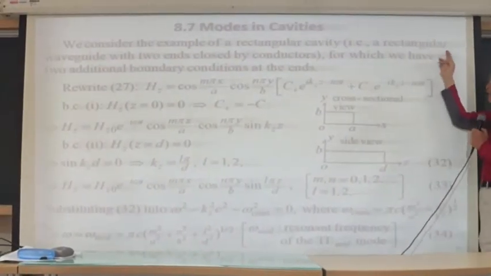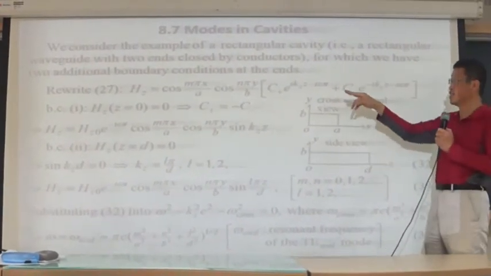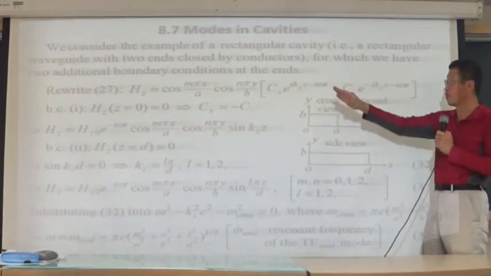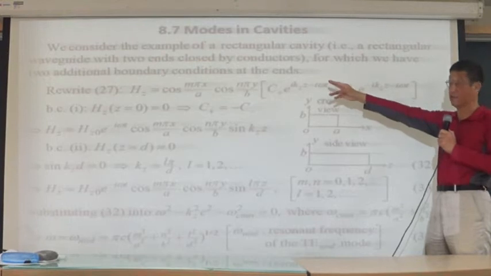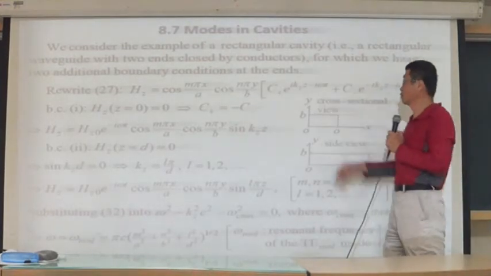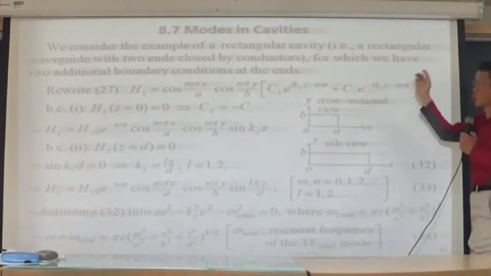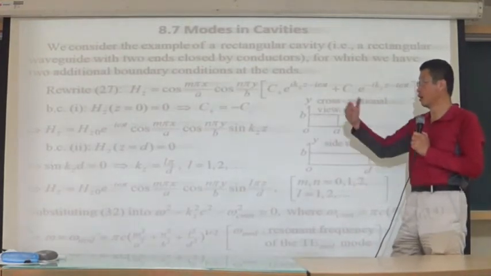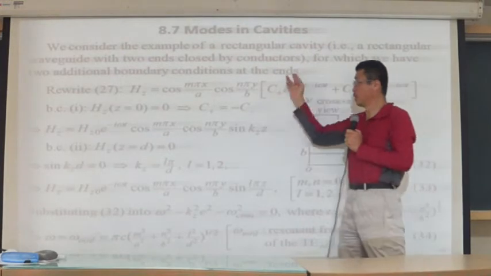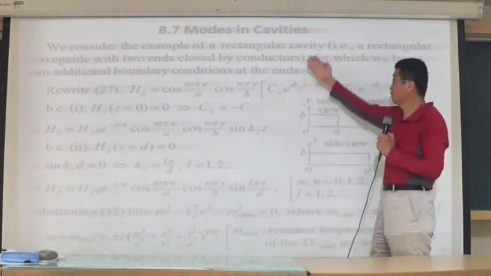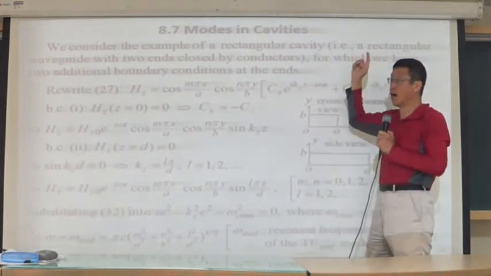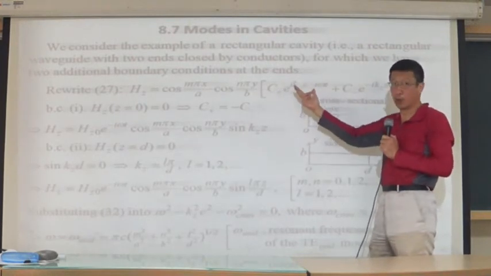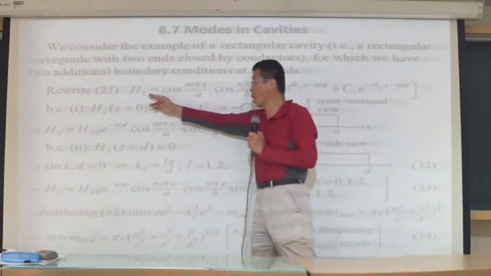That is a rectangular waveguide with one end and the other end closed by conductors, for which we have 2 additional boundary conditions because of the 2 ends. So let's consider the fundamental mode, the TE mode, the TE10 mode.